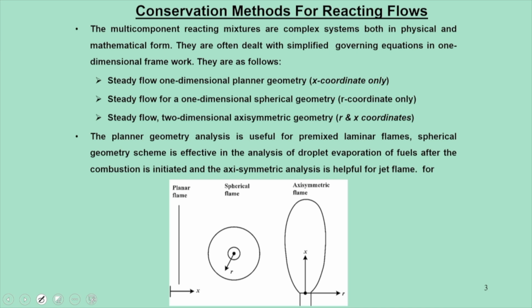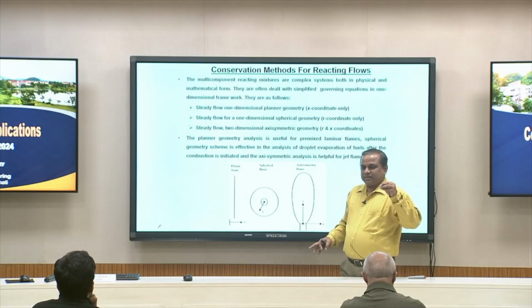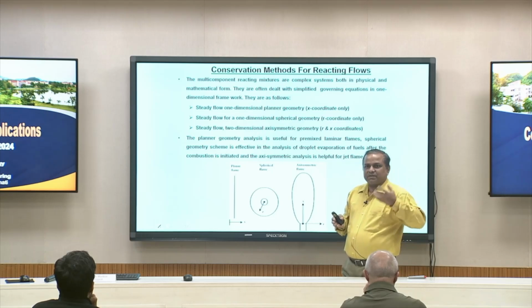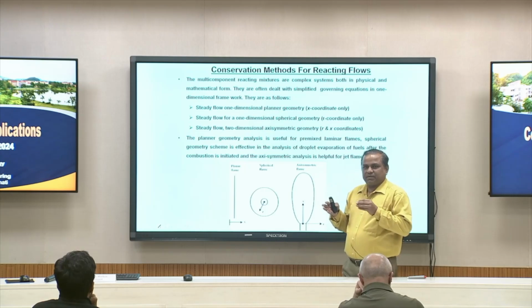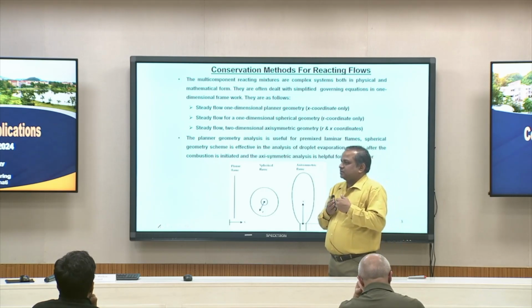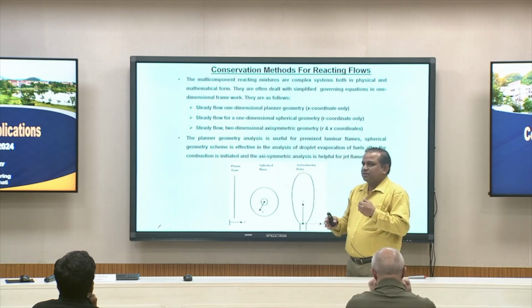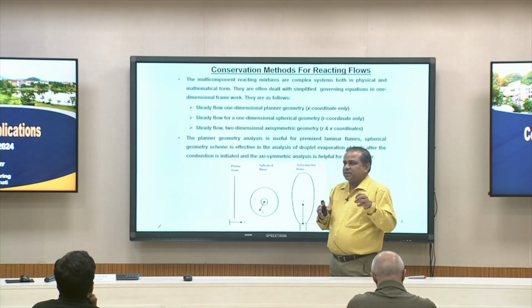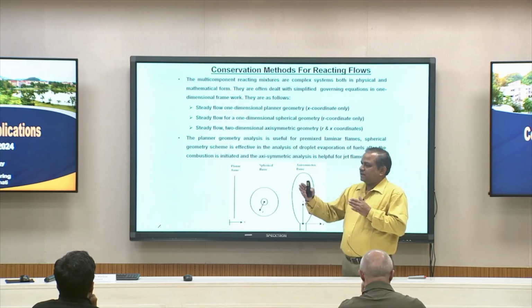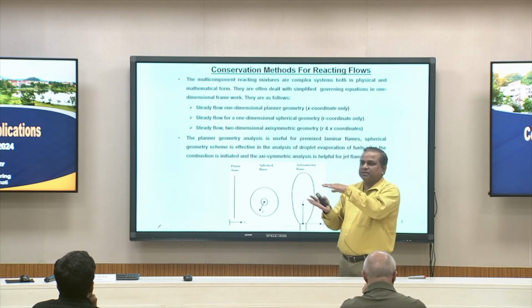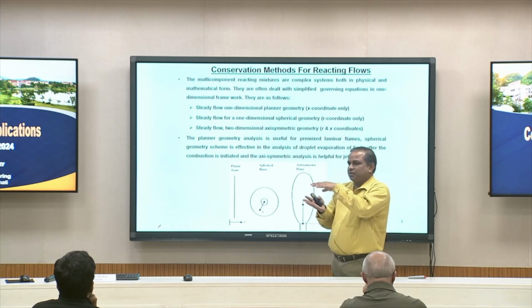Now there is another way we can think about this, the axisymmetric jet. When the fuel is injected, it is at a certain pressure, normally called the fuel injection pressure, and it comes as a jet. The jet has some initial momentum, and when it enters the combustion domain, because of this momentum it creates a free jet within the domain.